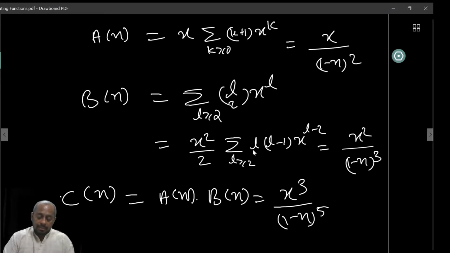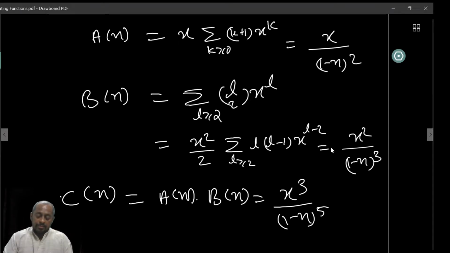Now, this, if you remember, is the second derivative of the geometric series, except there is a factor of 2 that will be coming here. So you have 2 by (1 minus x) cubed here, right?